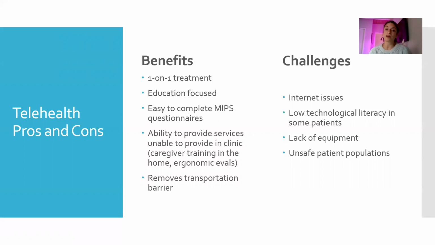Next, the ability to provide services that we're unable to provide in the clinic. This one's really a great one for a couple different situations. One big one that we've run into is for a lower level patient, if they need any caregiver training or anything like that, it allows us to do that inside of their own home. A patient that I had a couple weeks ago was saying that she's concerned because she's having a hard time transferring off the floor.